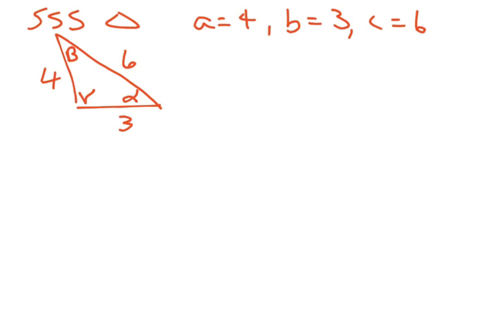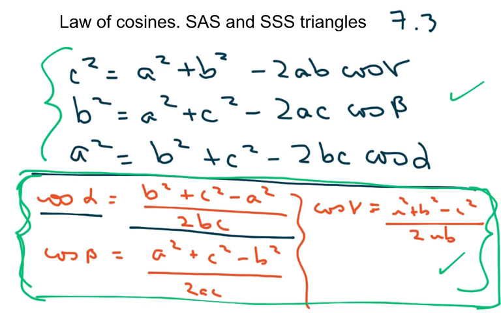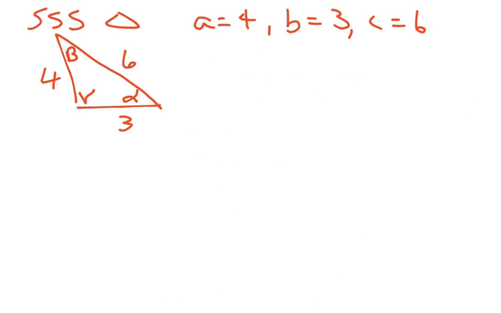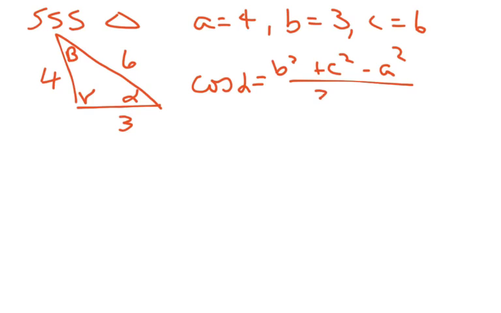The first thing I want to do is find all my angles here. Again, let me go back. I'm going to use these, or maybe just two of them and subtract. I'm going to use the fact that cosine of alpha equals b squared plus c squared minus a squared over 2bc. You just plug it in.